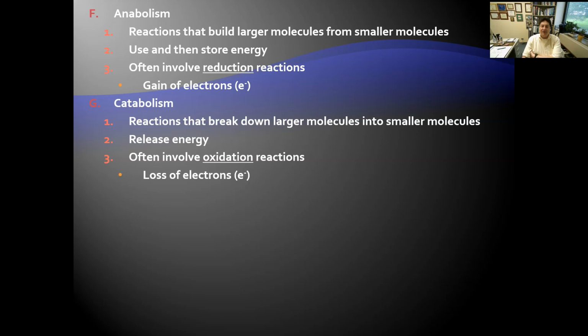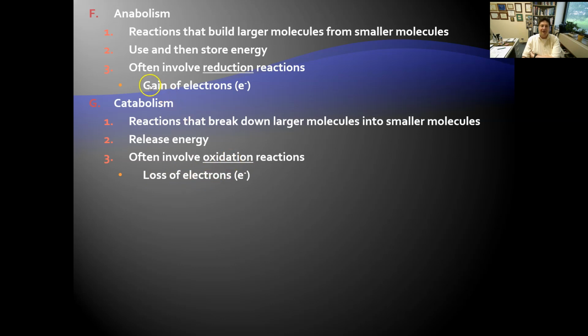Oxidation is when a molecule loses an electron. So you can remember the saying, Leo goes grr. L-E-O, like Leo the lion. Leo, loss of electrons, is oxidation. Gain of electrons is reduction. So Leo, loss, electrons, oxidation.